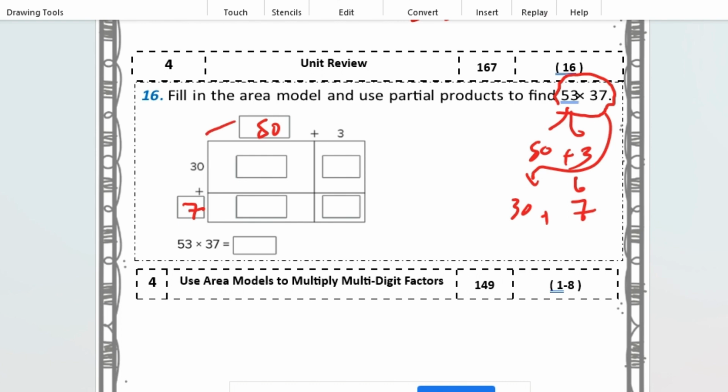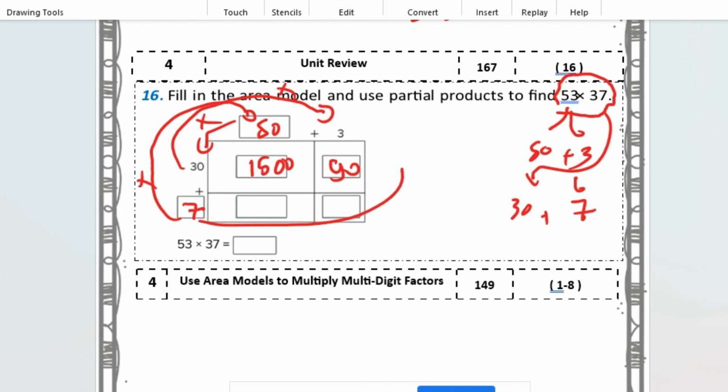Now we multiply these two numbers and these two numbers. 50 times 30 is 1500, and 30 times 3 is what? 90.